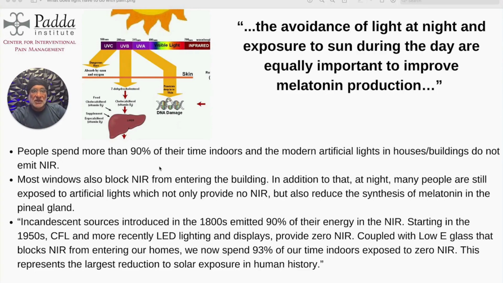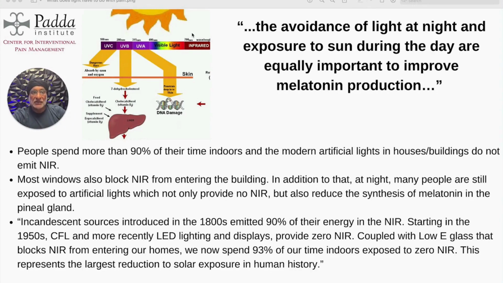Now the problem is, as we've spent more and more time indoors, and we have these amazing windows and we start to use LED lighting, all of that allows the visible light through, but it blocks the UVA, UVB, UVC, specifically UVB, and so we don't produce vitamin D, and it blocks the infrared. When it blocks the infrared, we destroy the melatonin production in the daytime, which is a potent anti-inflammatory.